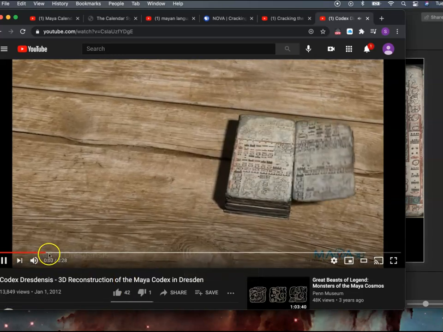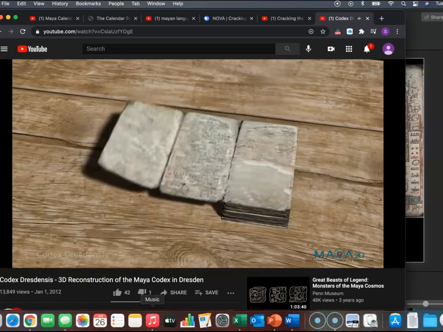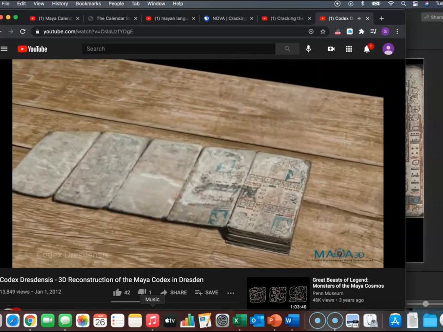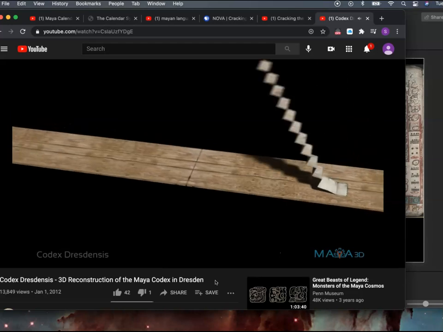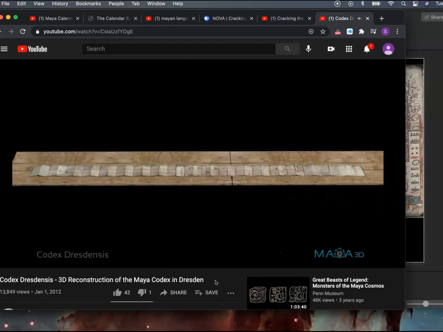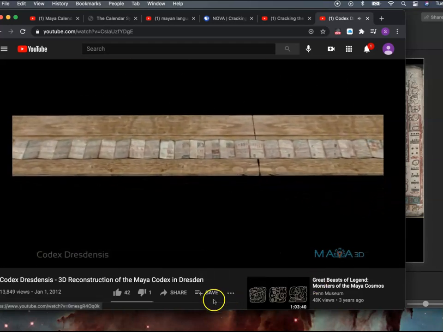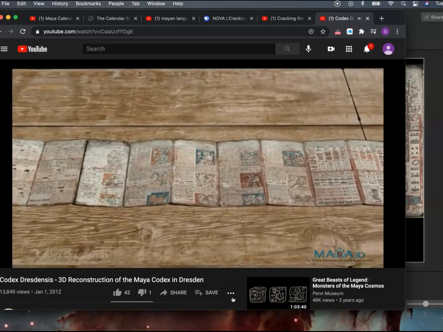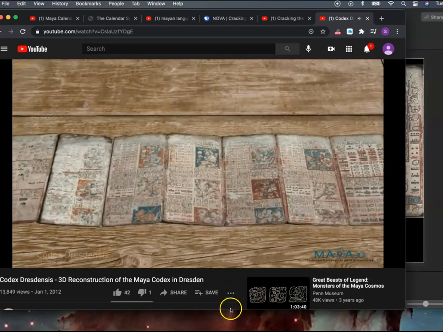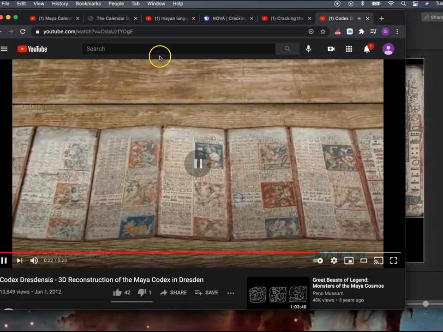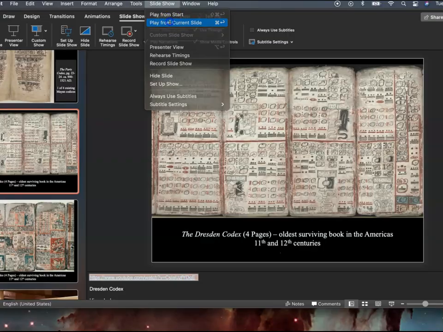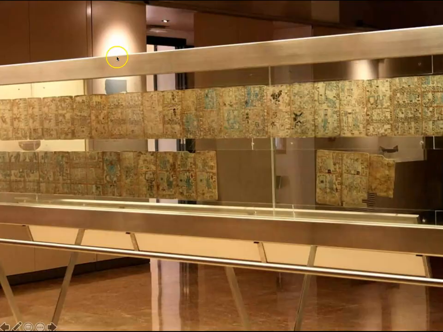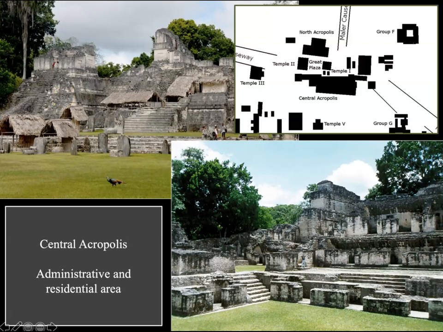I'm gonna mute them again, but this gives you an idea of how big the Dresden Codex is, or the Mayan Codex in Dresden. I don't know why they have to do this in the creepiest manner possible, but... Okay.